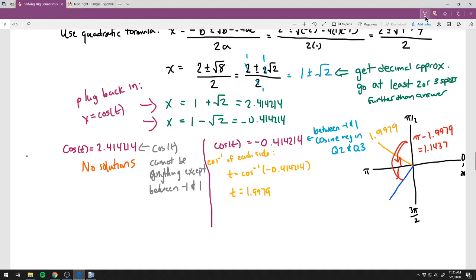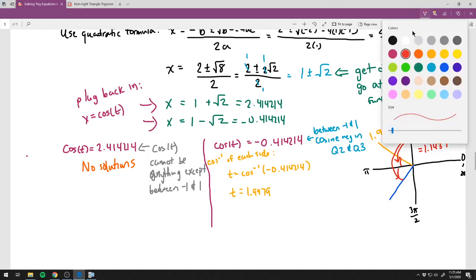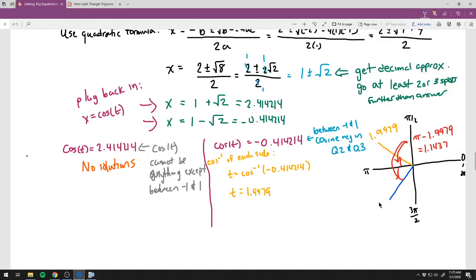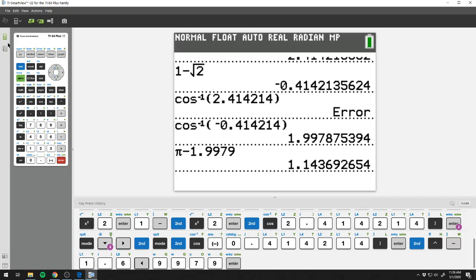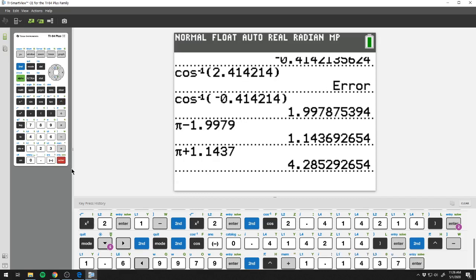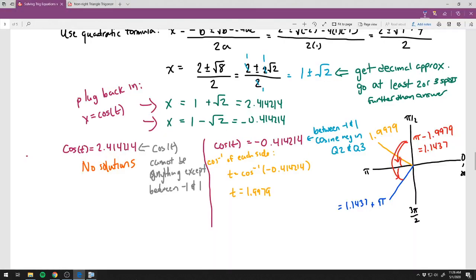And that tells us that the angle that we get in quadrant 3 is going to be pi plus that. And finally, to finish up this problem, pi plus 1.1437, we get 4.285, rounded to 3 spots.